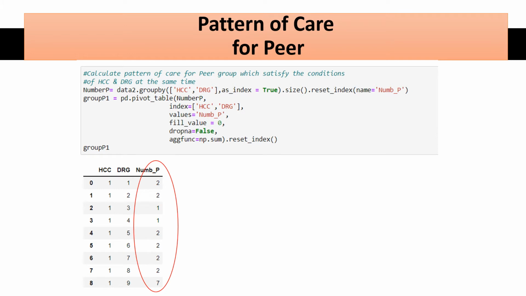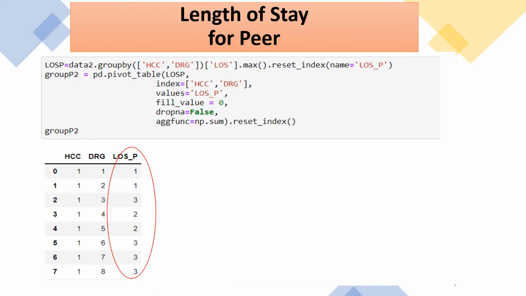In the same way, we calculate the pattern of care for peers. So first, I have to find the number of patients in different DRG and HCC at the same time. Also, in this slide, you can see how you can find the length of stay in different HCC and DRG in the peer group.